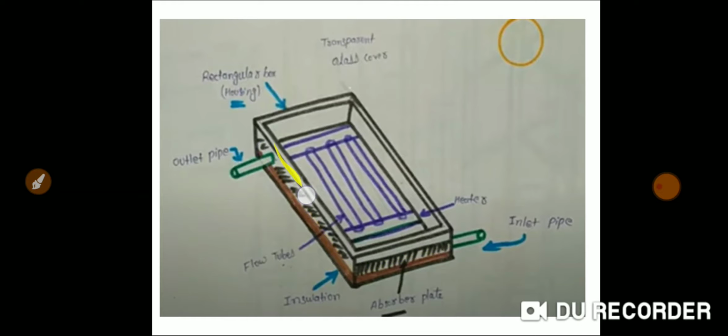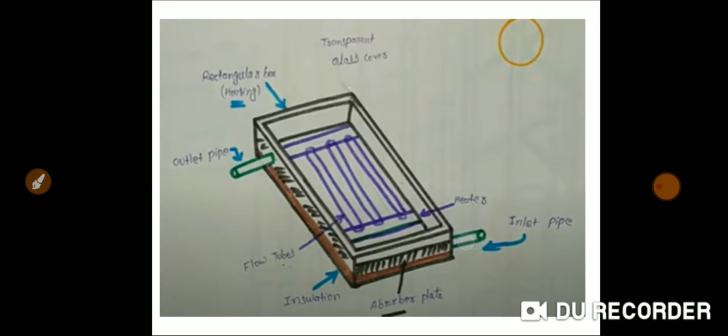So this is your absorber plate. The role of absorber plate: this plate is painted with black color to harness maximum amount of solar radiation. This plate is about 1 to 3 mm thickness. It is made up of stainless steel, copper, iron.